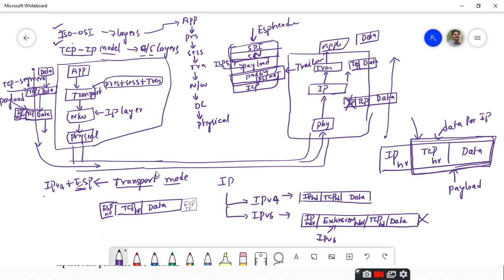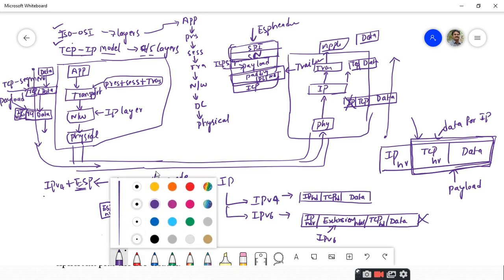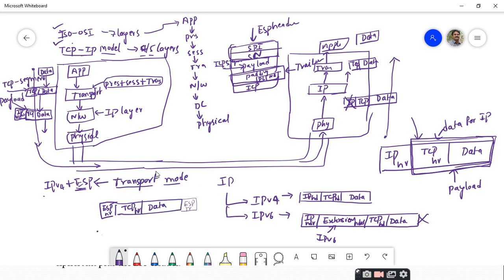So whatever data you have in the TCP header and data, you are going to precede it with the ESP header and end it with the ESP trailer. The encryption takes place from the transport level segment only, that is from the TCP header plus data plus ESP trailer.